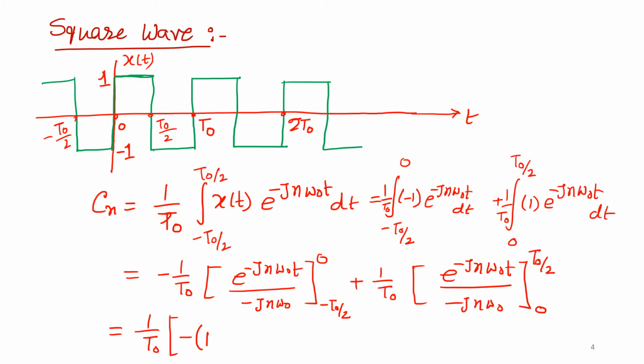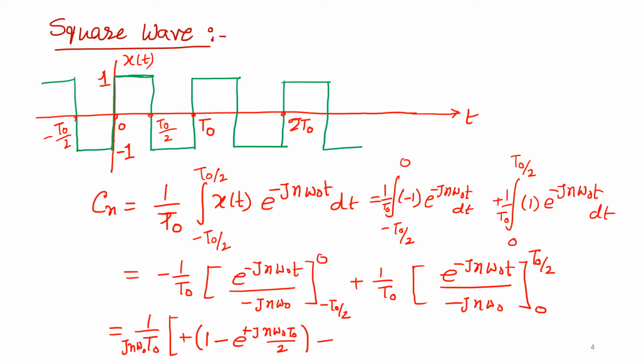So minus 1 is plus, and here I will put j n omega naught. So this is 1, and this is the minus sign e to the power minus j n omega naught t naught by 2. This is minus, so minus 1 is plus. I think it is correct.